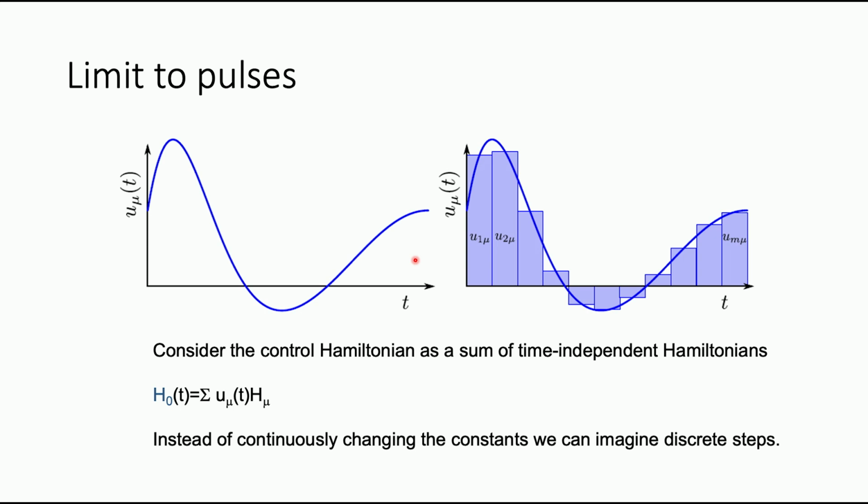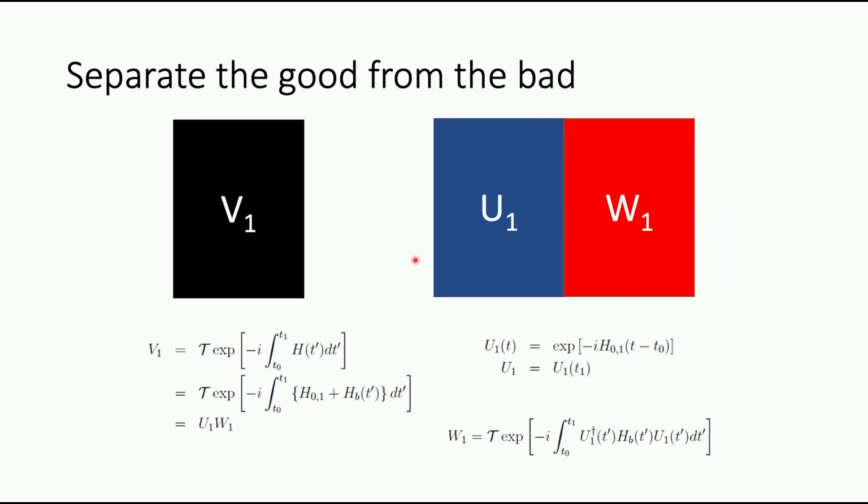So just to make some progress, let's start by saying, instead of having super continuous evolution, we can just have limited pulses. So I'm already basically cutting time into these small pieces, but I'm just using it as a way to simplify things. So then I can always think of my unitary. U1 is the unitary I want.